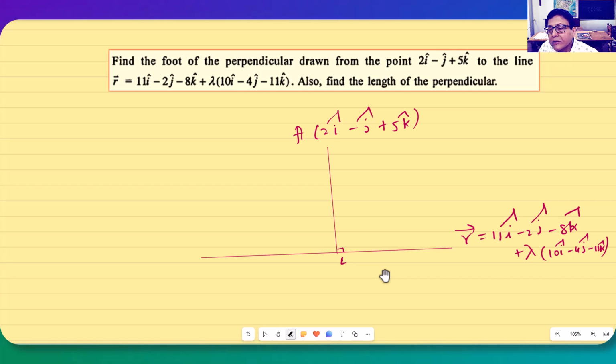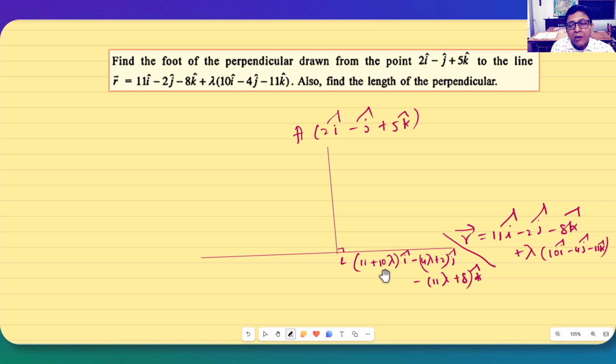In vector form it is 11 plus 10 lambda i cap. The point L you take this way, and minus 4 lambda plus 2 into j, and then minus 11 lambda plus 8 into k.